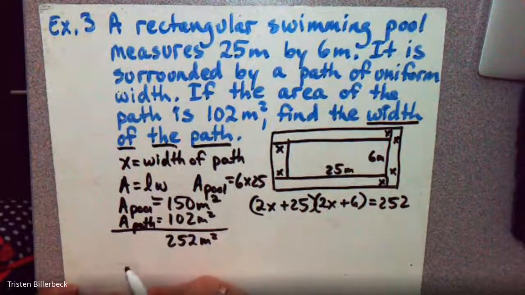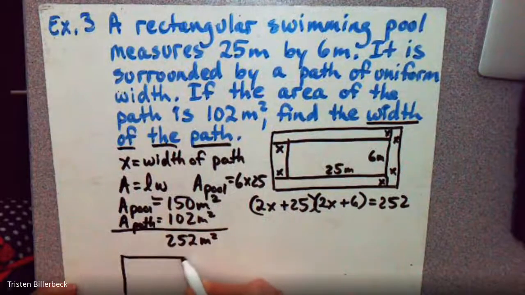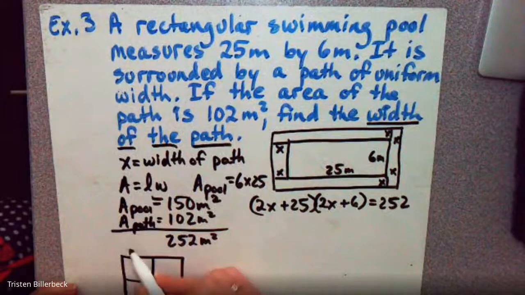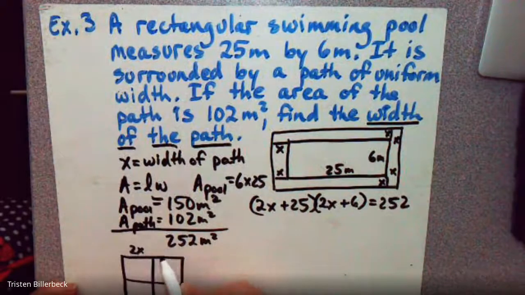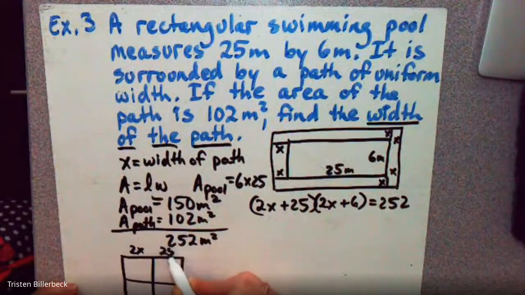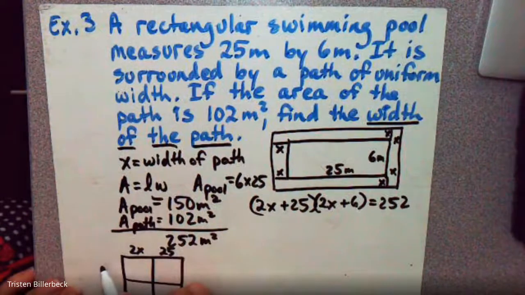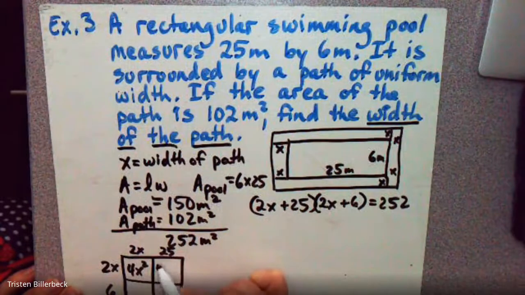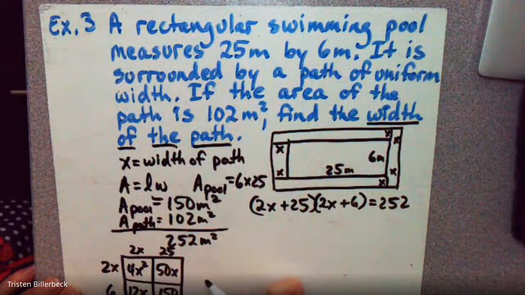Okay, so let's do a little box here just to make it easy for us to multiply. You could also do FOIL, but some people like this box a lot, so we're gonna do the reverse of the diamond box. So this is 4x squared, this is 50x, and this is 12x, and that's 150.